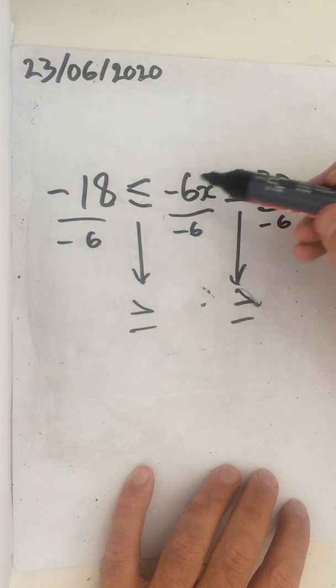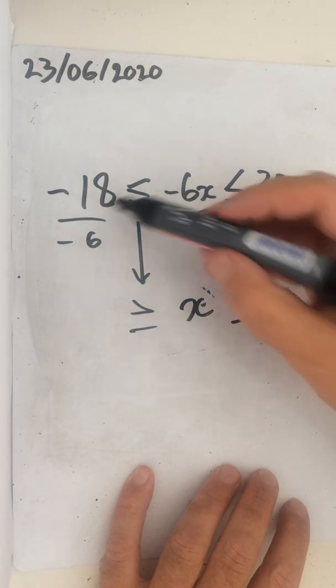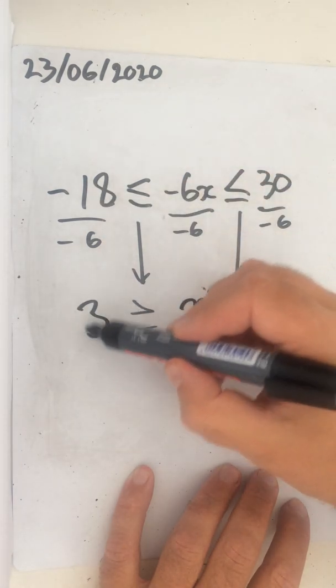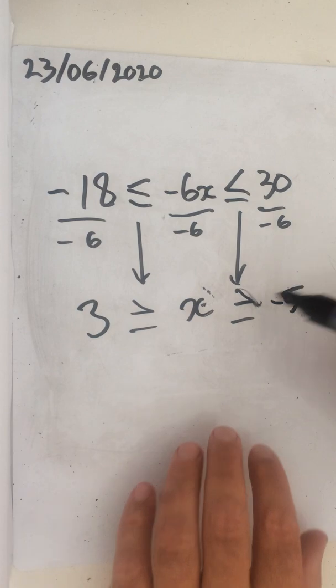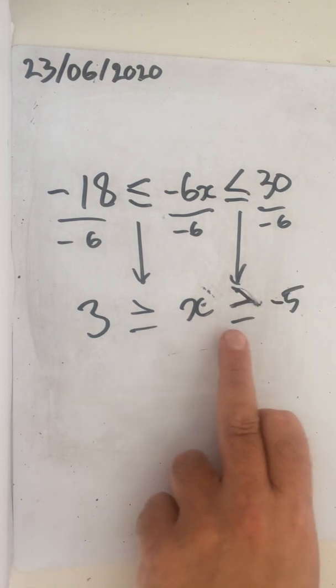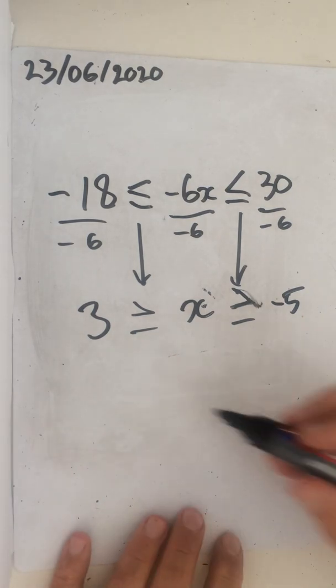That leaves me with x there. That leaves me with a minus divided by minus, which is a +3. And then this is now 30 divided by -6, that would be a -5. So you can see here that x has to be bigger than -5 and smaller than 3.